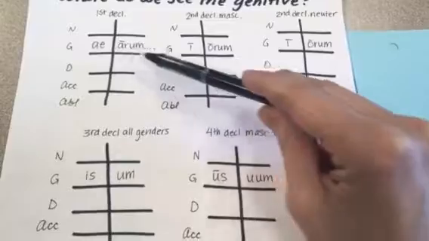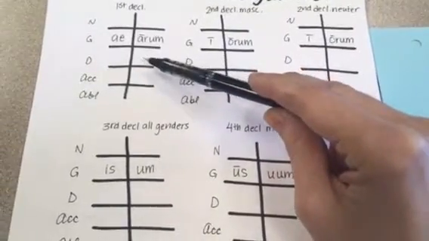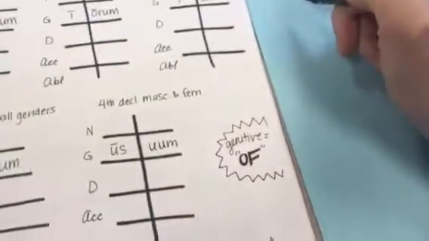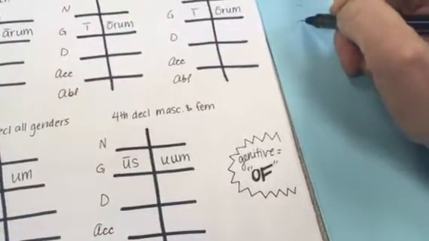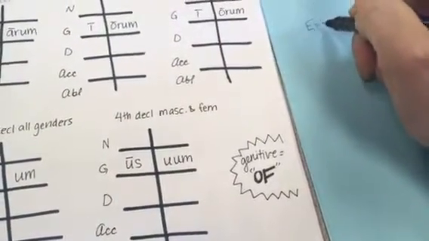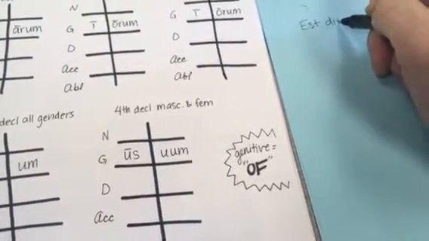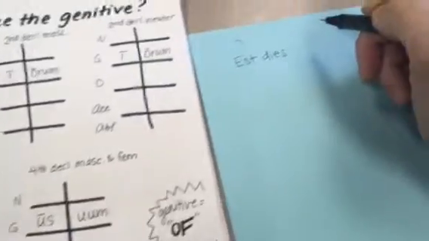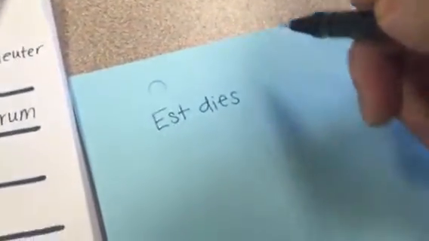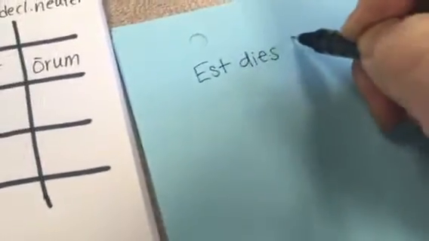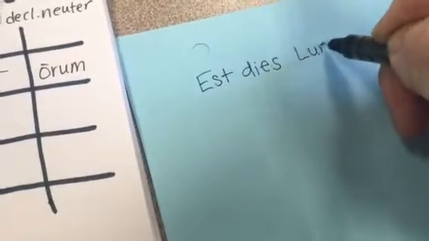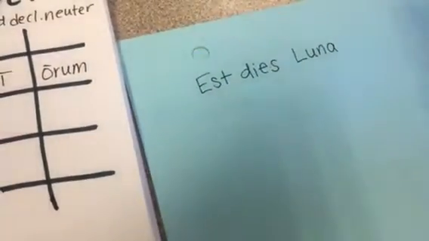So we're going to try doing a few of these with days of the week. We know that if we want to say something happened on Monday, you would say est dies, it is the day of the moon. It is the day of the moon. So Luna is a first declension noun.